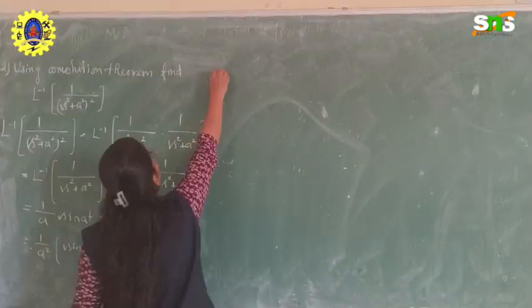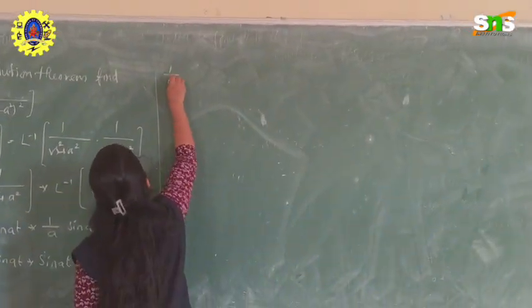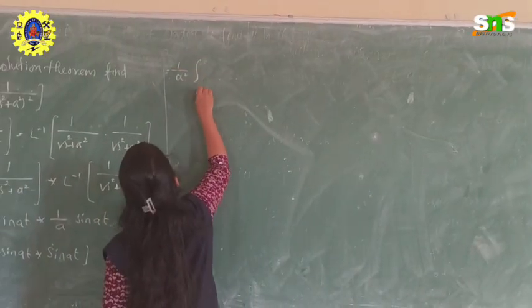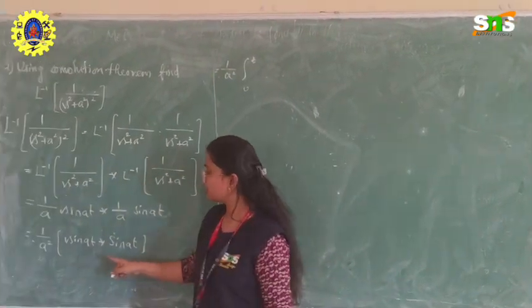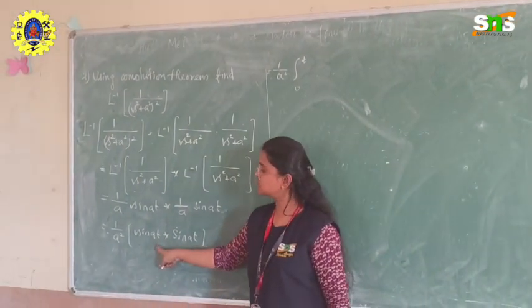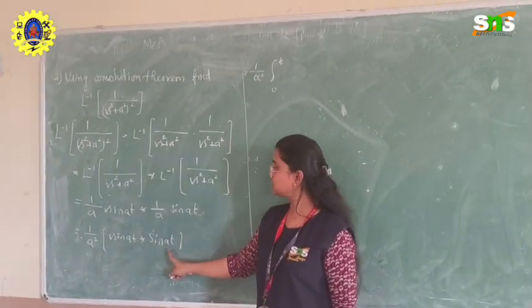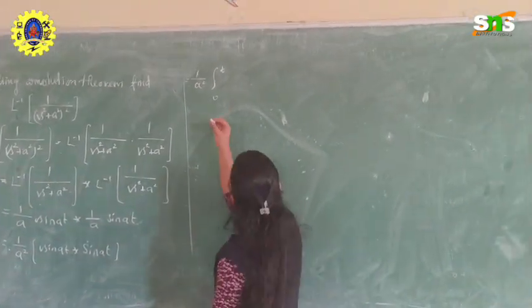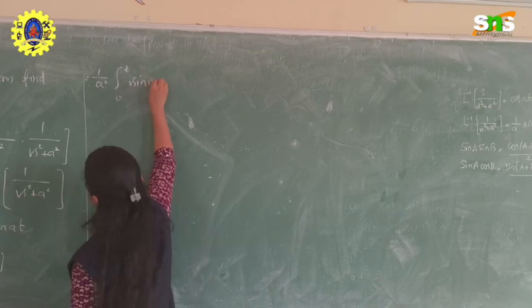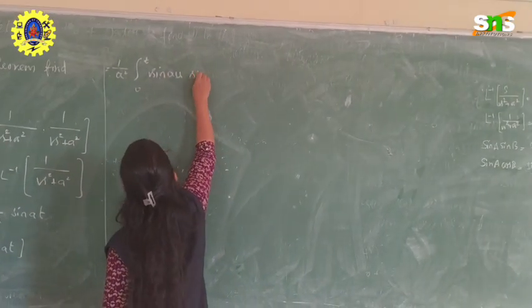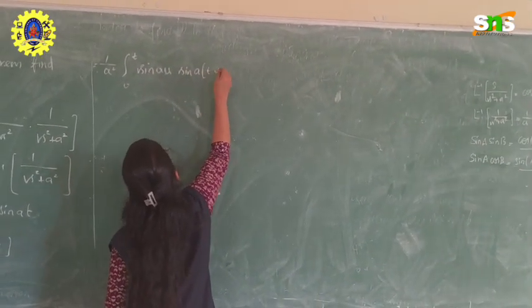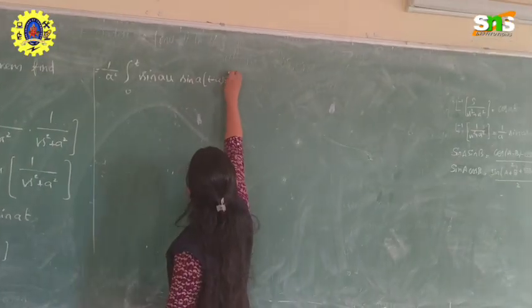So according to the convolution definition, I'm writing it as 1 divided by a square integral 0 to t. I'm going to replace t, the first term's t by u, the second term's t by t minus u. So sin au into sin a(t minus u) into du.